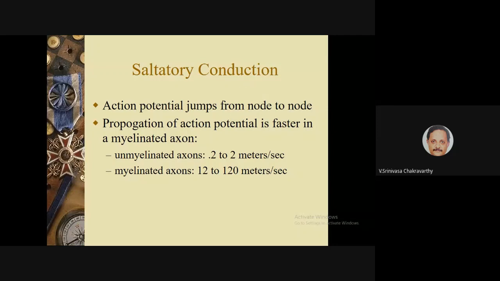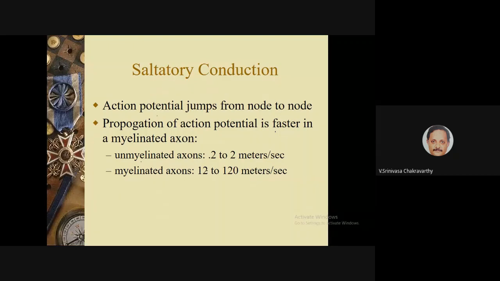Apparently, it just means jumping, right? So the AP jumps from node to node. Because of this kind of complex arrangement, the propagation of an AP is faster in myelinated axons. The typical conduction velocities are like this: unmyelinated axons about 0.2 to 2 meters per second, and myelinated axons 12 to 120 meters per second.